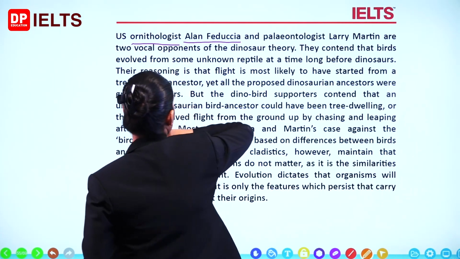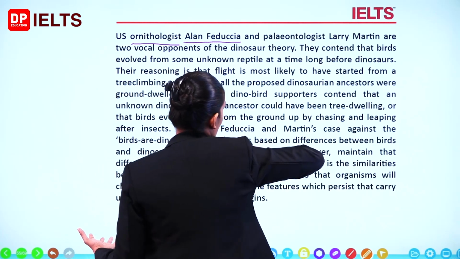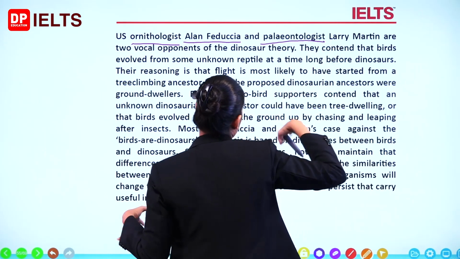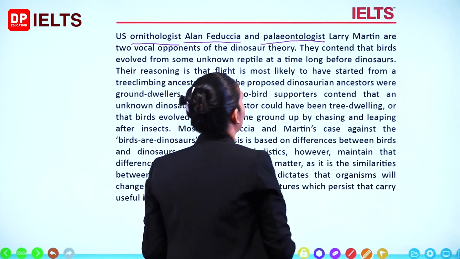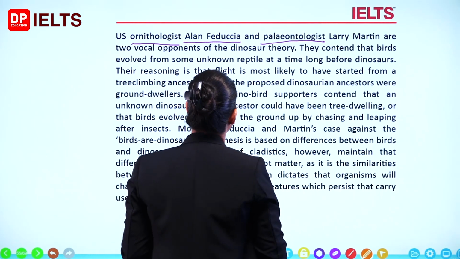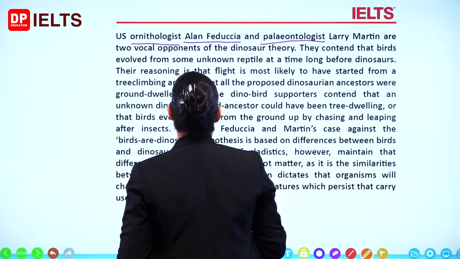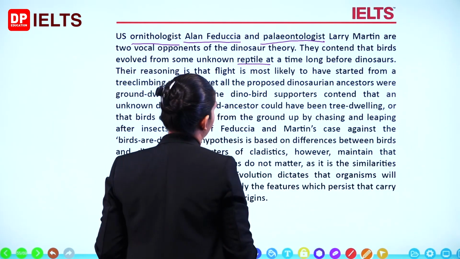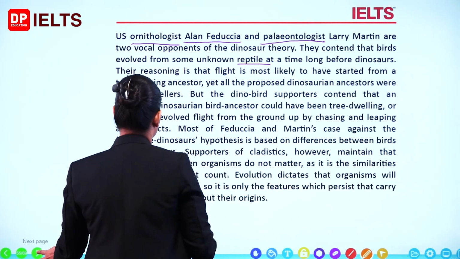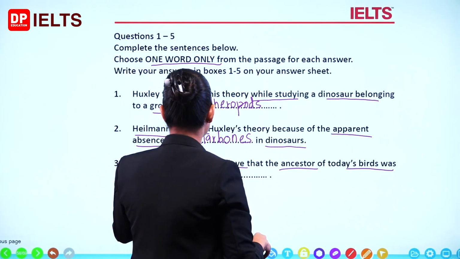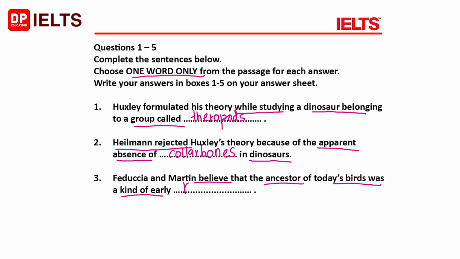Ornithologist is a person who studies birds, okay? Paleontologist is a person who studies fossils, right? Okay. Larry Martin, two vocal opponents. They contend that birds evolved from some unknown reptile at a time long before the dinosaurs. So what do they think? Right? It was from a kind of early reptile.